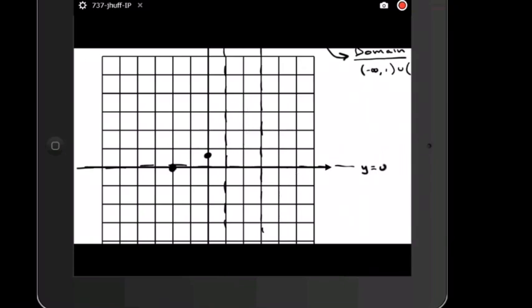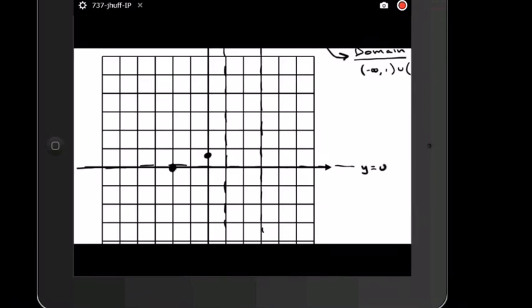If we look at the right side, we're either going to have a piece of the graph up in the top right corner, or down in the bottom right corner. Do you remember how we determined where? You just plug a number in for x. Pick a random number for x on this side of the vertical asymptote. If the vertical asymptote is at 3, choose anything bigger than that, like 4, and plug it in.